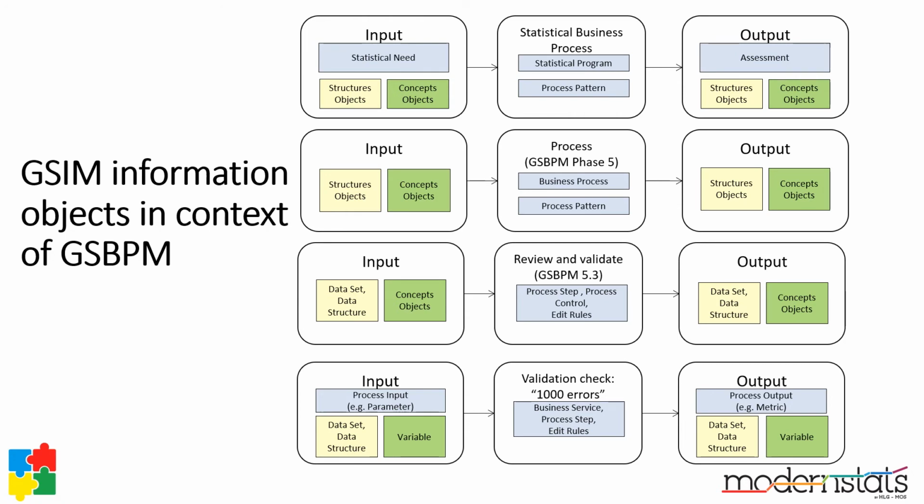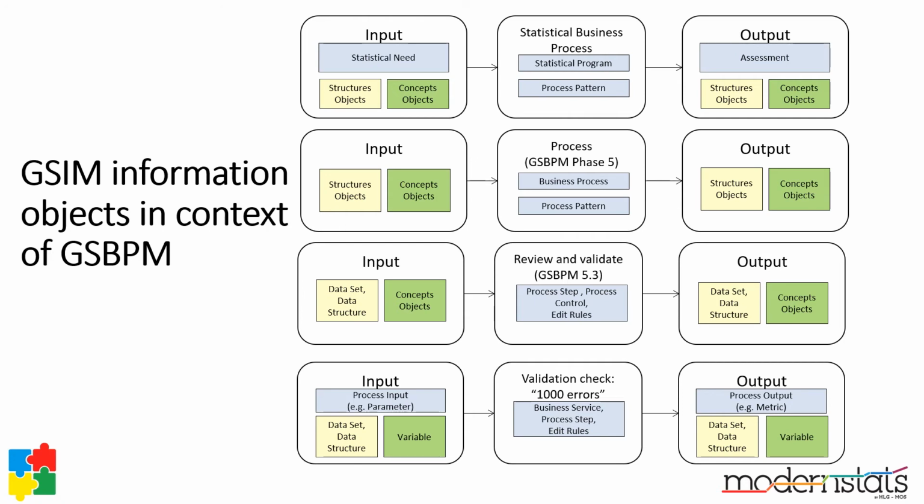Typical information objects that would support your process would be your statistical classifications. They don't get changed in your business process, but they do support the process, either for collecting your information or publishing your information at the end of the process.